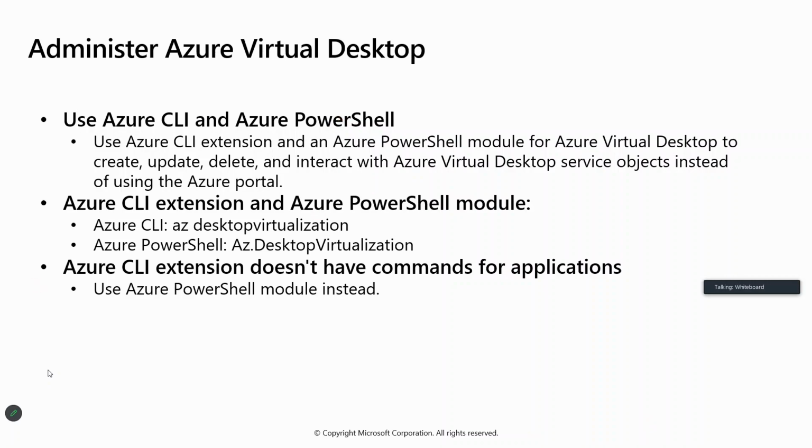Was the Azure CLI called Graph? No, Azure CLI is Azure CLI. If you go into Azure, I'll show you quickly. I've got my lab running. Bash. Yeah, it's bash. Exactly that.